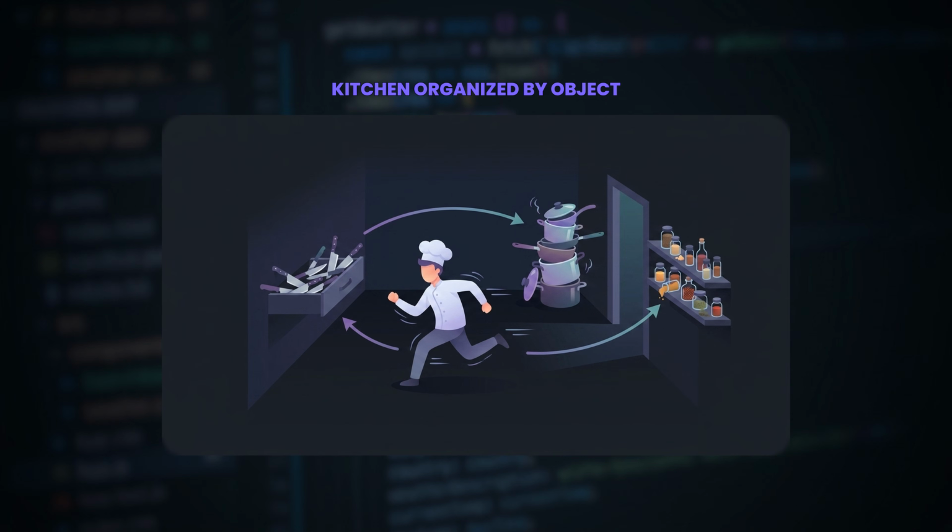Here's the analogy I keep coming back to. Imagine a kitchen. The layered approach is like a kitchen organized by type of object. Every knife in one drawer across the room, every pan stacked in another corner, and every spice on a shelf by the door. Technically very tidy, but to cook one single dish, you're running back and forth across the entire kitchen.